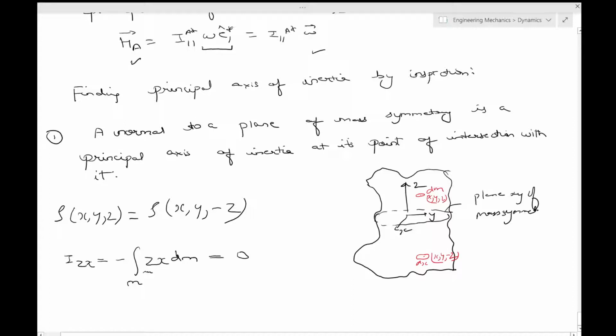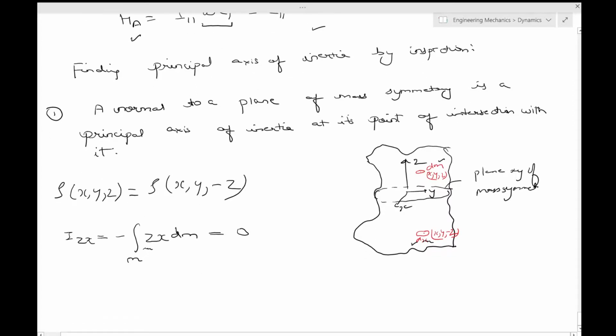So every small mass dm over here, okay, would cancel out a small mass dm over here, and that will keep on happening for all the masses. So this Izx will be equal to 0. So you can also write this in the rho form, in which a small volume can be written as rho dv, dm will be equal to rho dv, and then proceed either way. So either of them should be okay, but it will be 0.